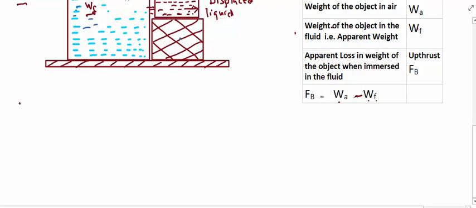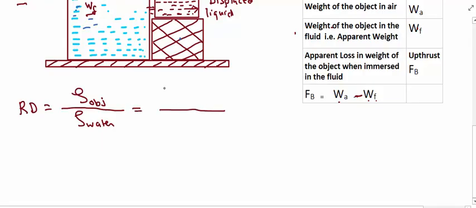Relative density of this particular object will be equal to density of the object divided by density of water, which I could write as mass of the object divided by volume of the object, over mass of water divided by volume of water. This is based on the definition of density.